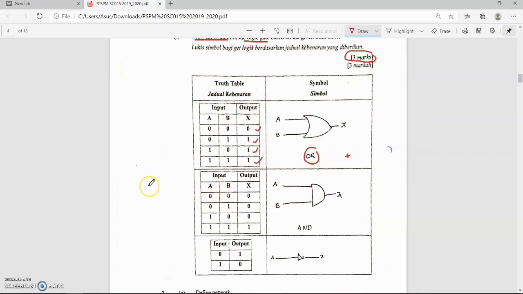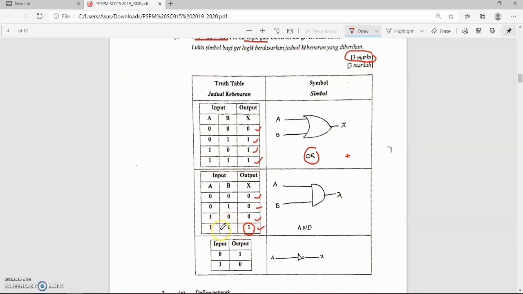Okay. Next, if you see the input 0, 0, 0, if 0, 1 becomes 0, 1, 0 becomes 0, 1, 1 becomes 1. So if you see this AND symbol, it produces true only when all inputs are true.